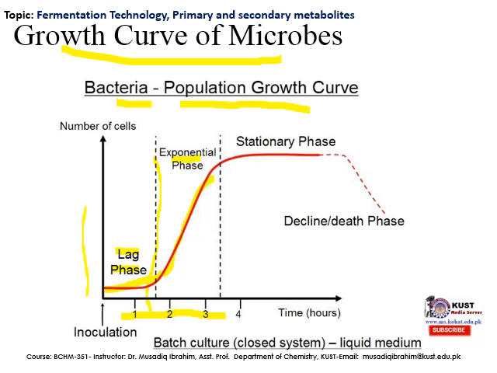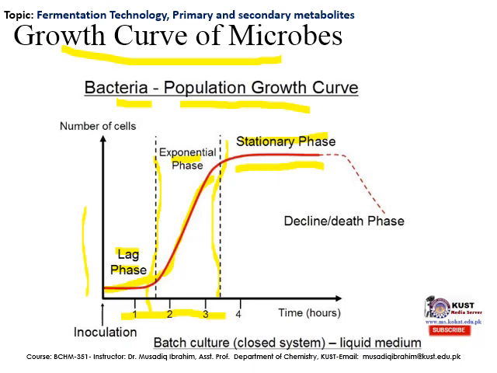So after a specific period of time, the exponential phase stops and the stationary phase of the microbes starts. Now in the stationary phase, the microbes are not growing exponentially, but in that phase, the secondary metabolites are being produced.